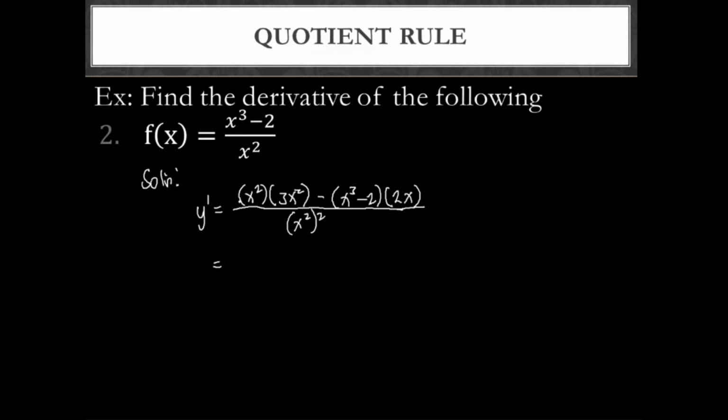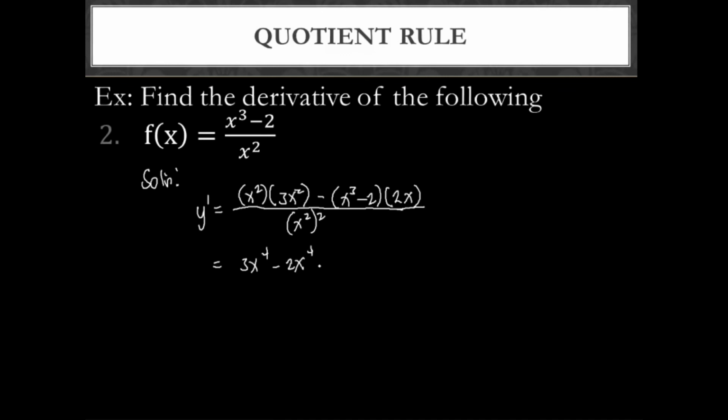Okay, x squared times 3x squared is 3x raised to 4. Next, negative, multiply dito, kaya magiging negative 2x na to. So, yung magiging negative 2x raised to 4.